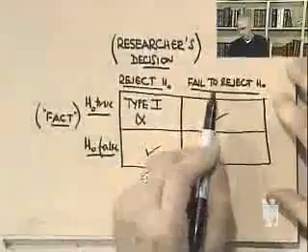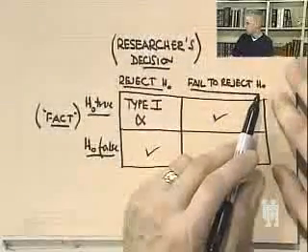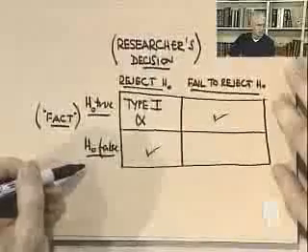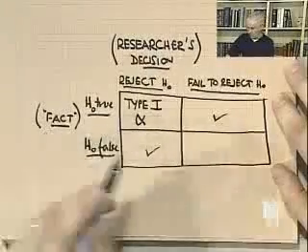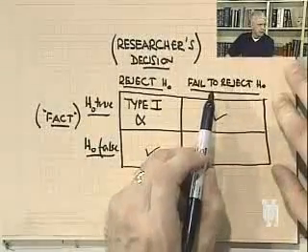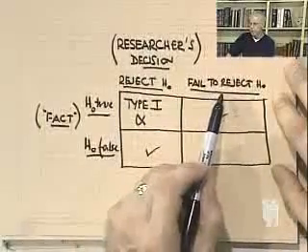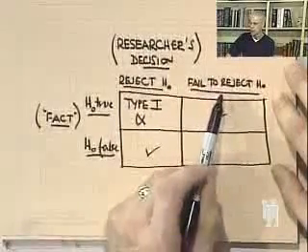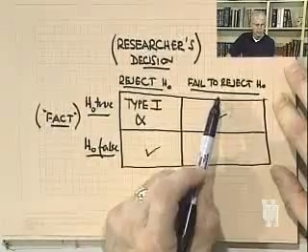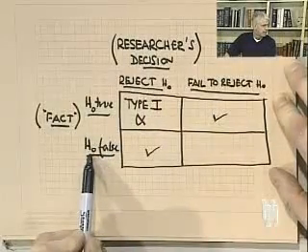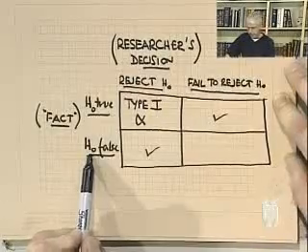When a researcher fails to reject a null hypothesis, and the null hypothesis is false, the analogy in the courtroom is that the jury fails to reject the assumption of innocence and returns a verdict of not guilty, when in fact that assumption is incorrect and the defendant did commit the crime.